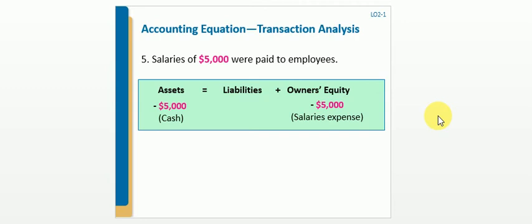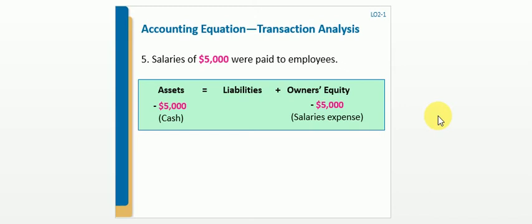In the previous slide, we mentioned that the asset side and the owner's equity side will be changed by two components: the revenues component and the expense component. The revenues component will increase the asset side and will increase the owner's equity.